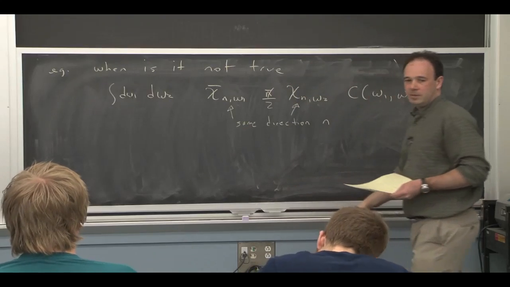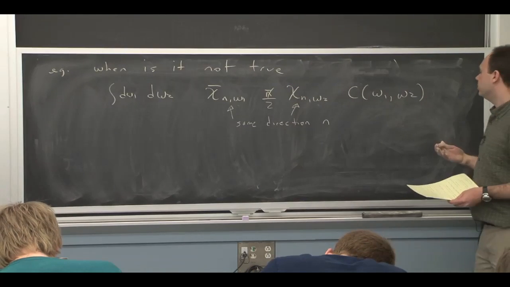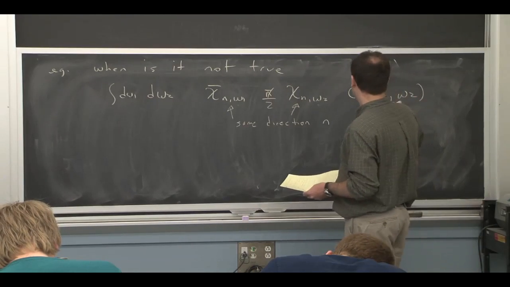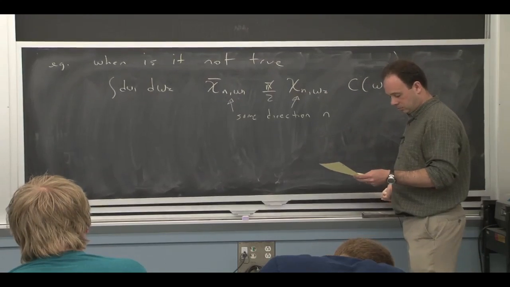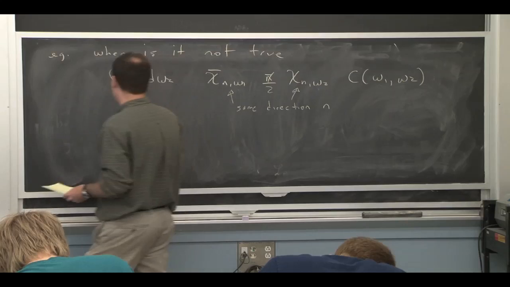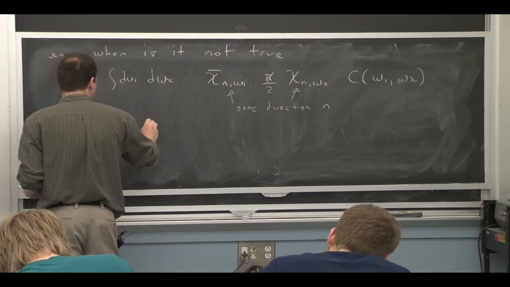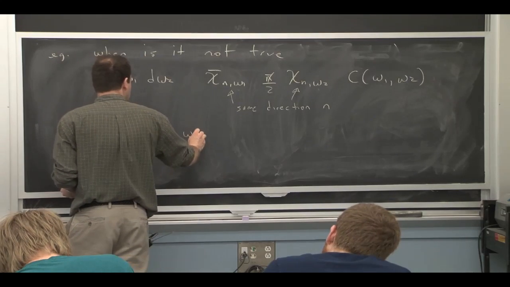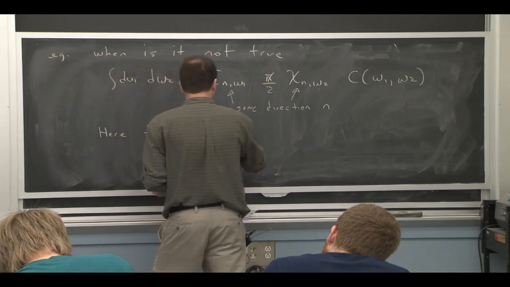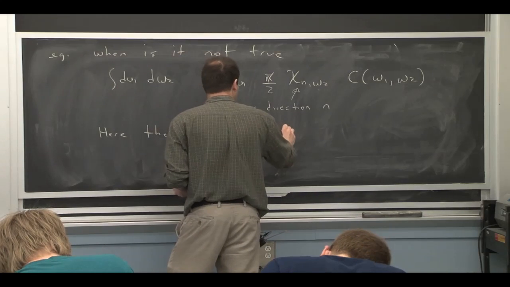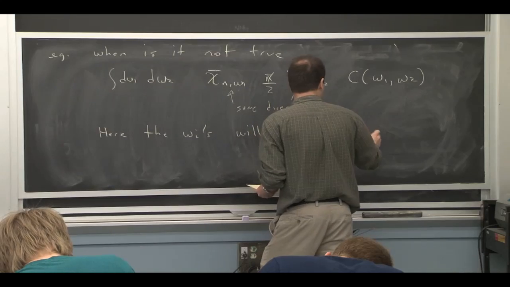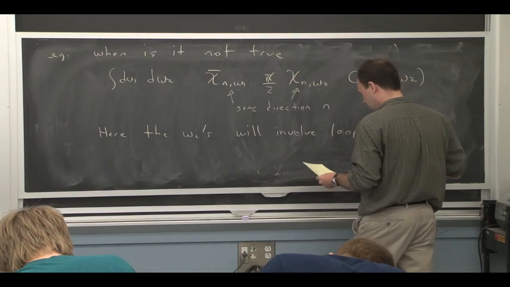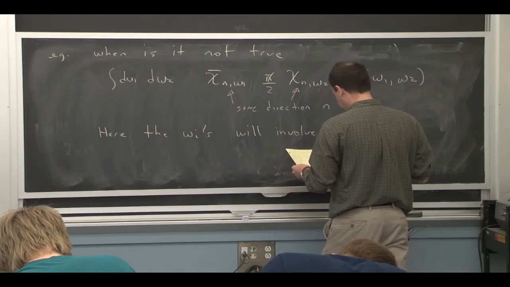And in this operator here, we would actually no longer be in the case where this thing would totally decouple from the loop integrals. So if we think about inserting this operator, then some of these will involve loop momenta.